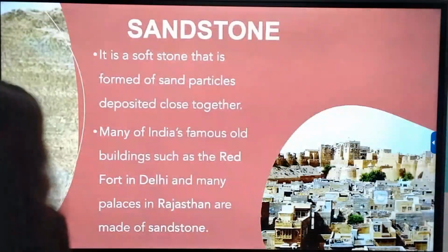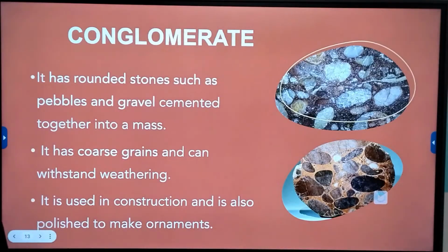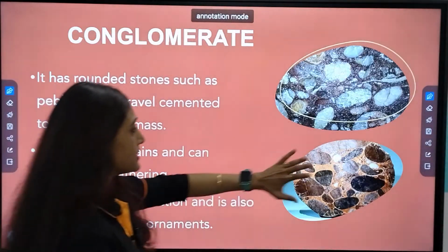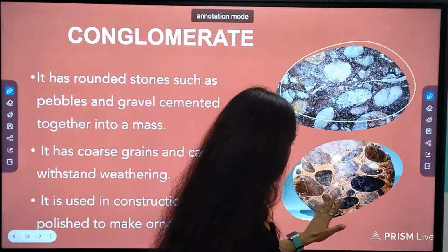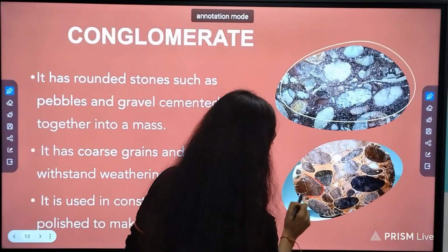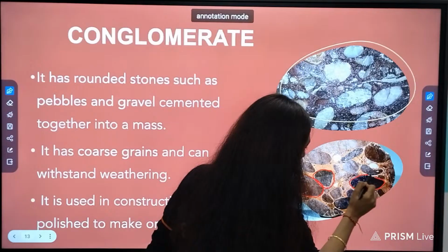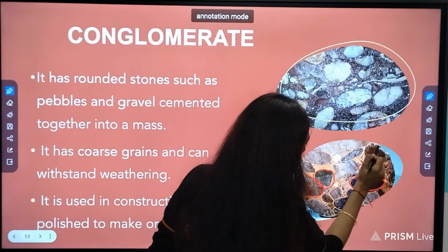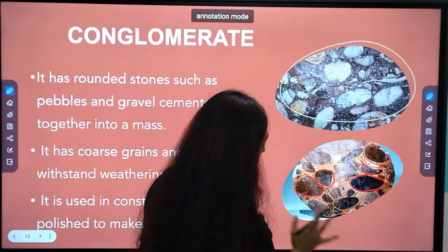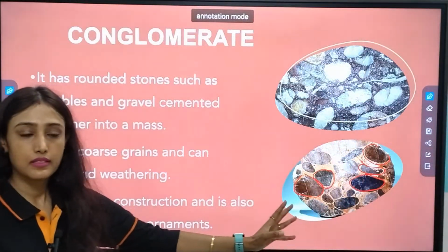Now next, conglomerate is the next. Just see the picture over here. So many different types of rocks are formed. Small stones are formed in this rock. Why does this happen?